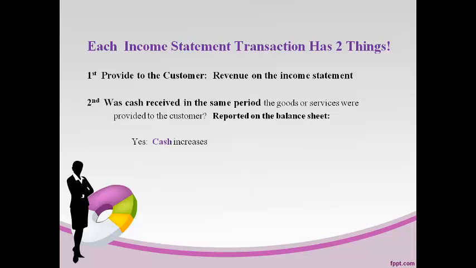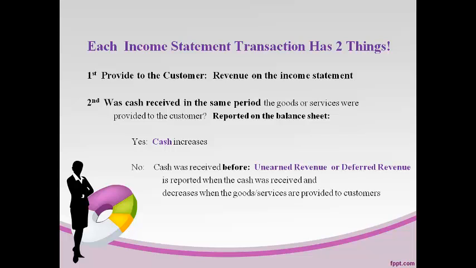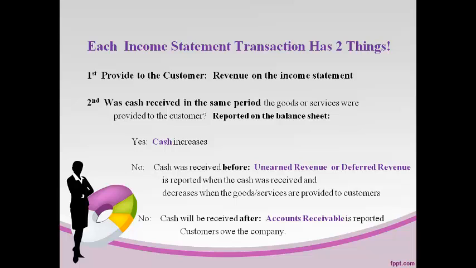If cash was received in the same period, cash simply increases. If cash was received in prior periods, an unearned or deferred revenue account was recorded when the cash was received, and the unearned revenue now becomes revenue. If cash will be received in the future, the balance sheet will report accounts receivable, which means customers owe the company.